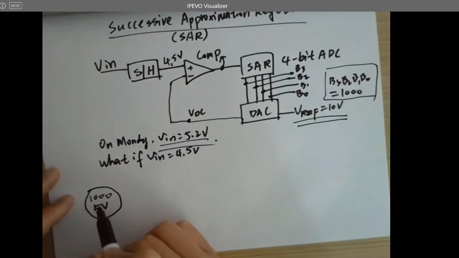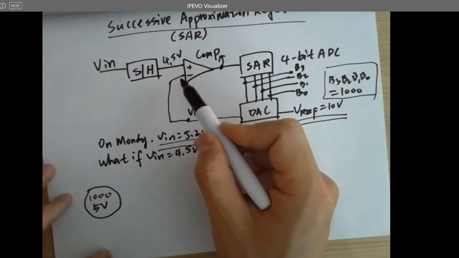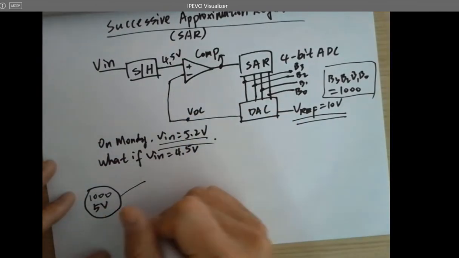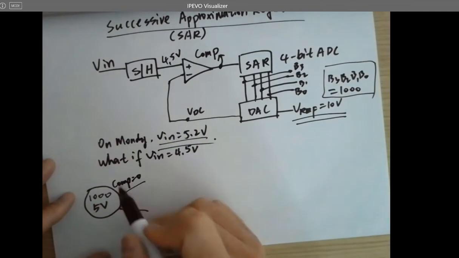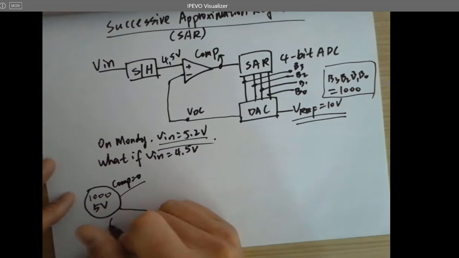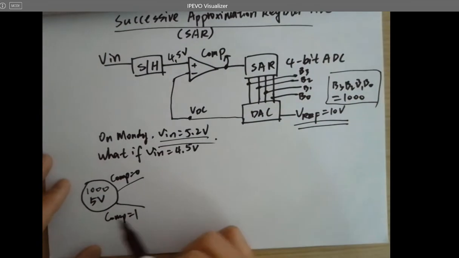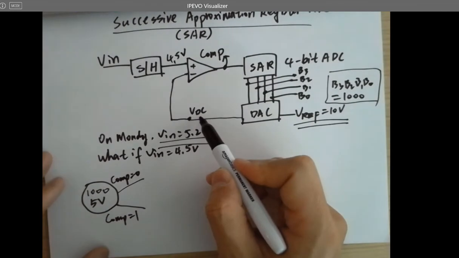So now the 5 volts will be sent here and compared with 4.5 volts. If comp equals 0, it goes in that direction. If comp equals 1, it goes in this direction. Now VDC is 5 volts.